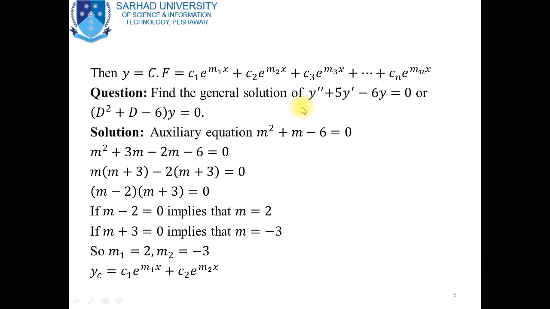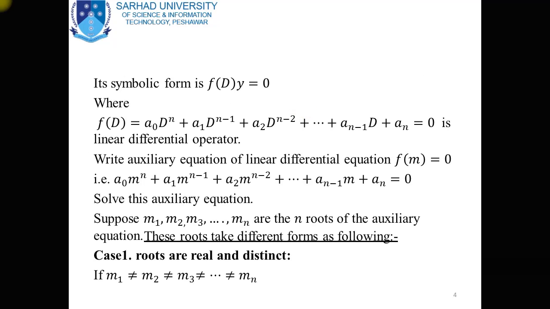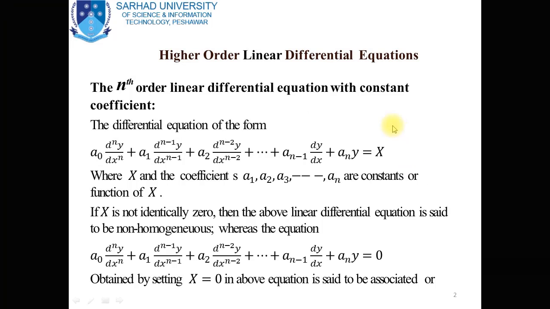So dear students, again I would like to tell you about the higher order linear differential equation. If the right hand side function is 0 and the coefficients a0, a1, a2 up to an are constant, then the equation will be a homogeneous linear differential equation of higher order with constant coefficients.